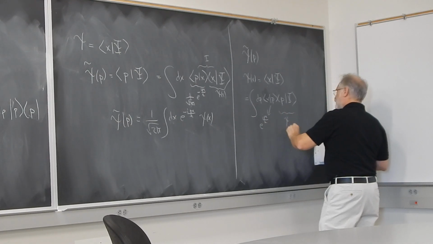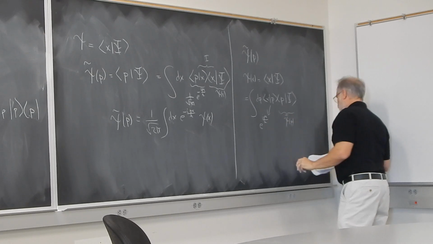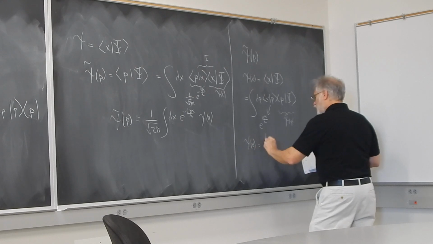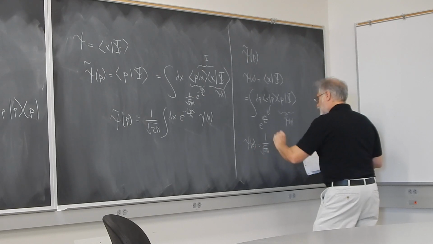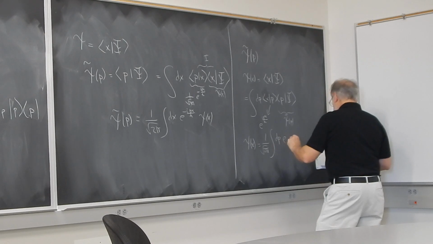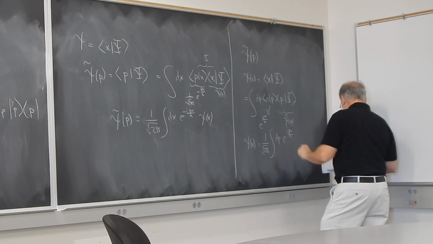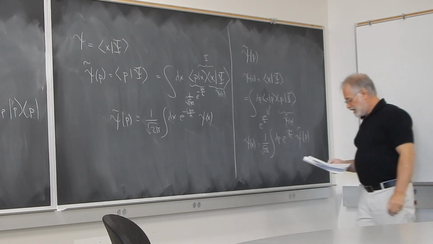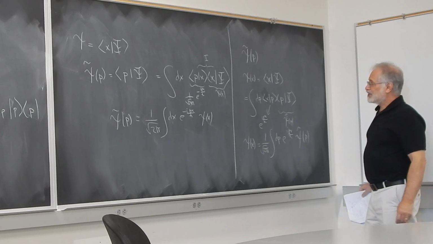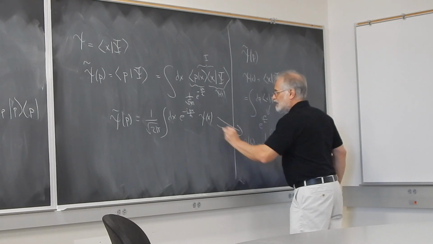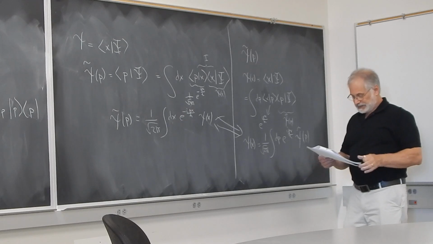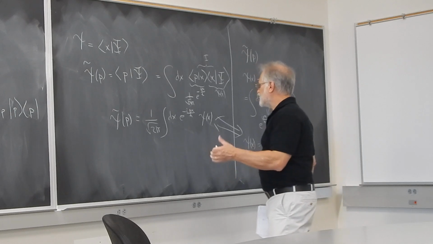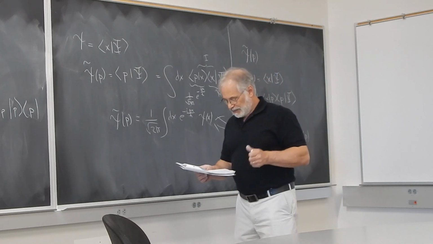This is just psi tilde of p. And so psi of x then is 1 over square root 2 pi integral dp e to the i px over h bar psi tilde of p. See, they're reciprocal Fourier transforms of one another, x and p. Pretty nice. So we can go from one representation to the other simply by taking a Fourier transform.